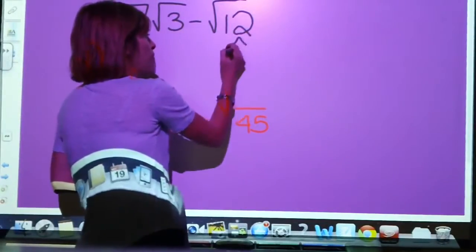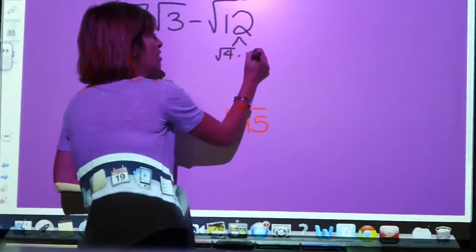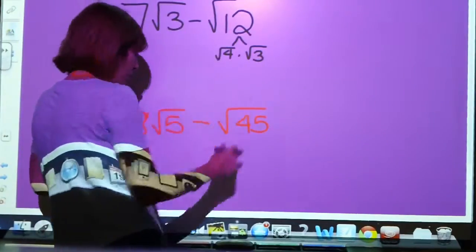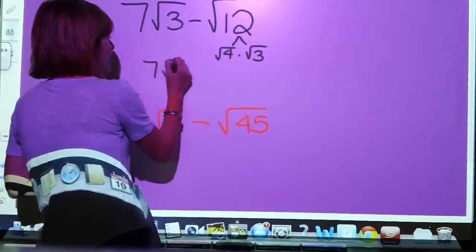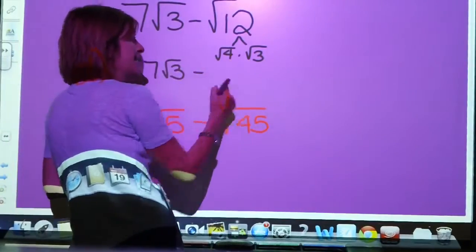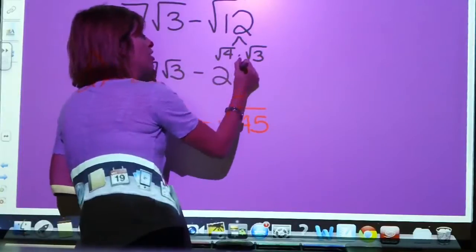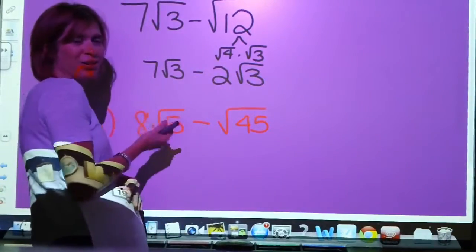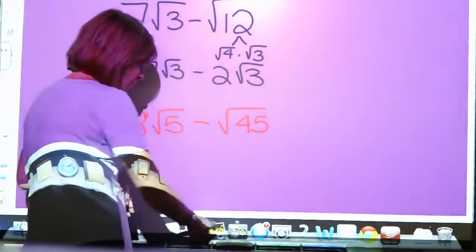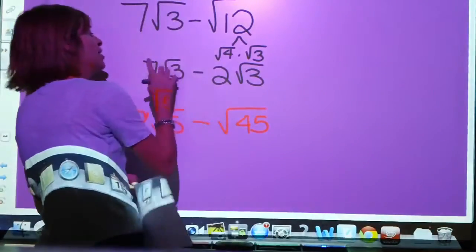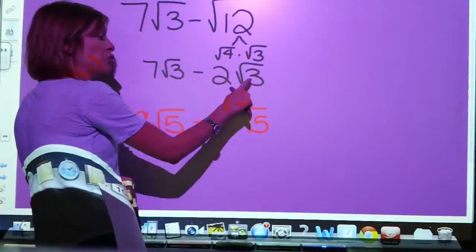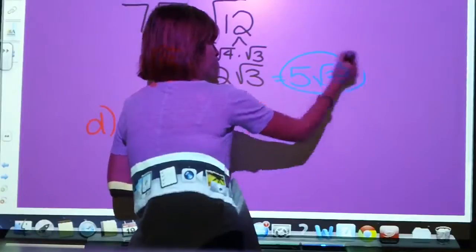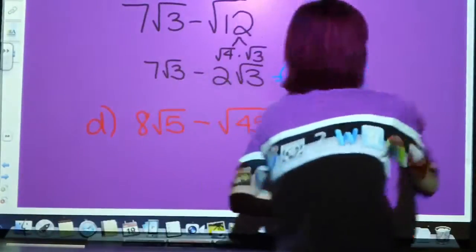I know that if I break it up as the square root of 4 times the square root of 3, 4 is the largest perfect square in 12, so it would become 7 radical 3 minus, square root of 4 is 2 radical 3. Now, are they like terms? Jackpot. So I can subtract them. So 7 rad 3 minus 2 rad 3 is 5 radical 3. Okay? Hopefully you can see that.